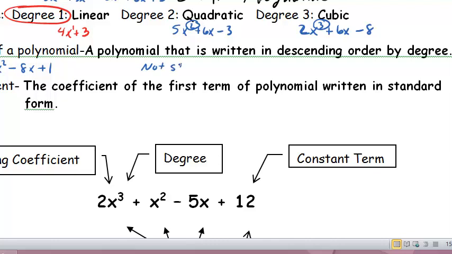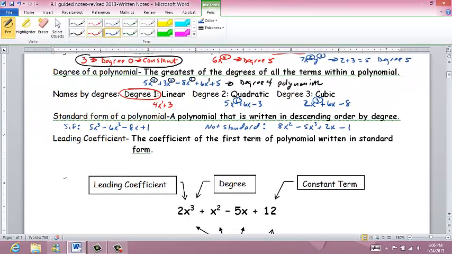Not in standard form would be a polynomial written as 8x to the second minus 5x to the third plus 2x minus 1. If I look, is this in descending order by degree? Absolutely not. Now, we could write that in standard form if we wanted to.